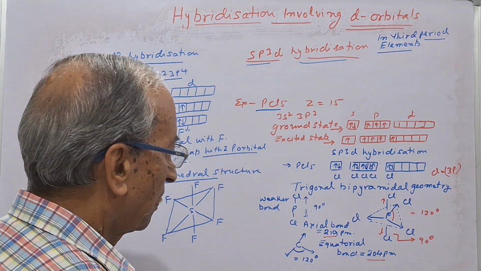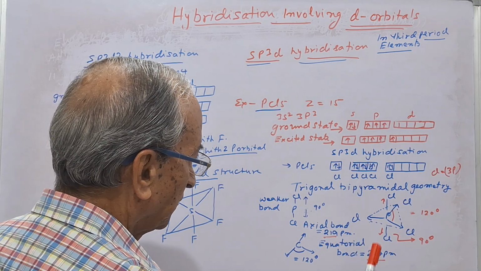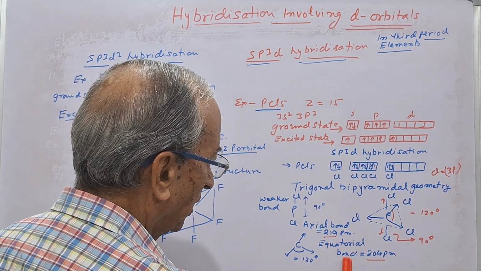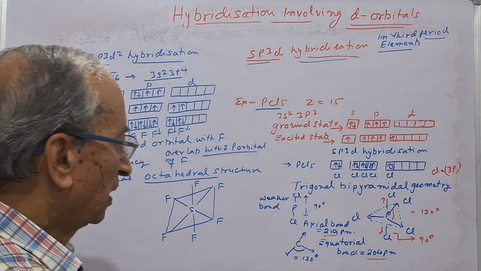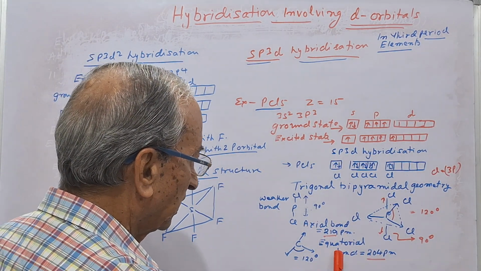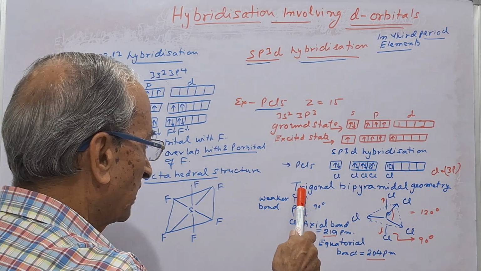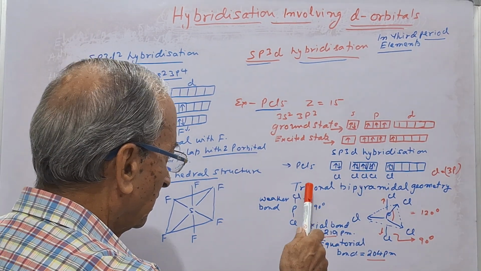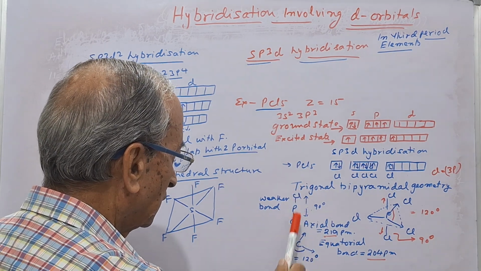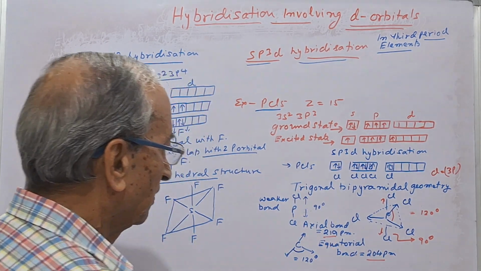If we see, the length of the axial bond is 219 and the equatorial bond is 204 picometers. Now this length of the axial bond is more than the equatorial bond, due to the repulsive force. The bond length of the 2 axial bonds is more than the equatorial bond.